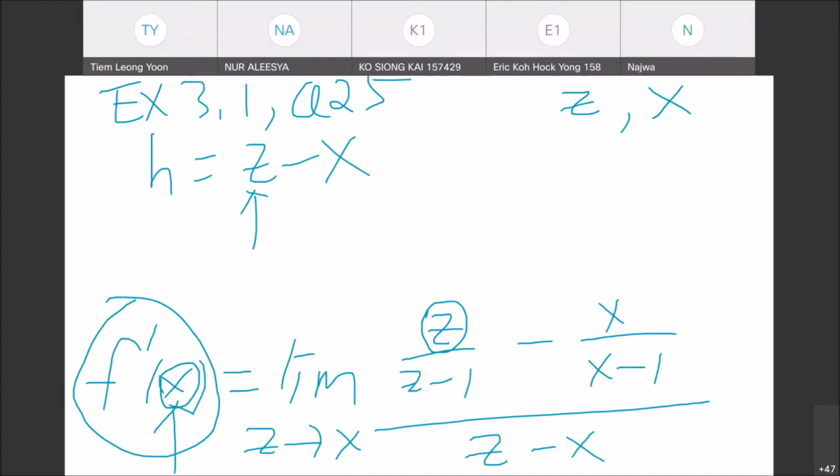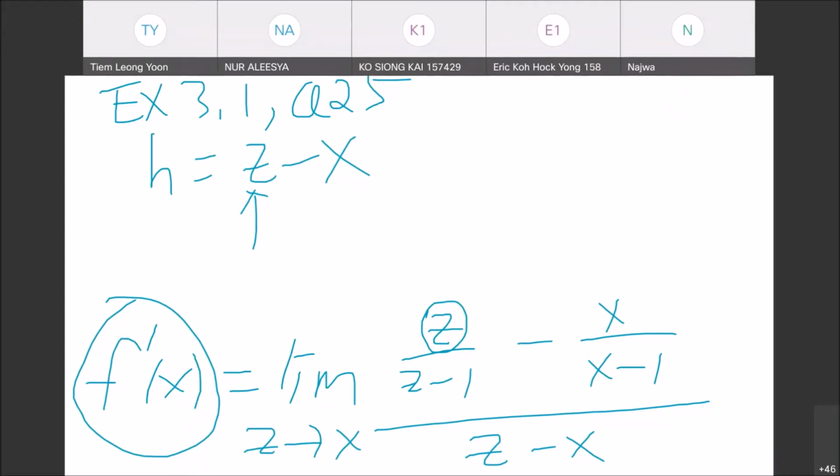That is what it means by f prime of x. F prime of x means you fix the value of x and then you let z tend towards x. Therefore, x has to be fixed. So you fix the value of x, and then you change the value of z. But z being a variable, you can sort of invent a new variable to replace z.